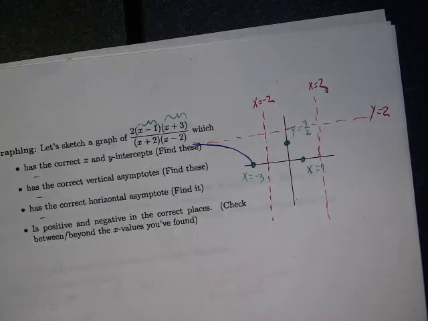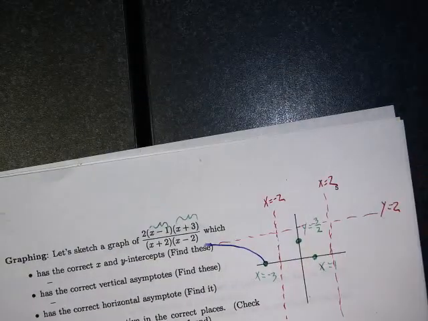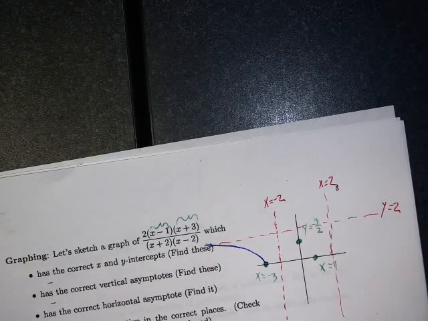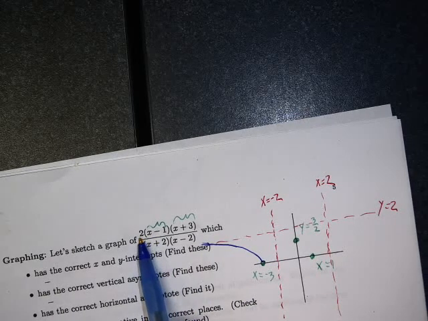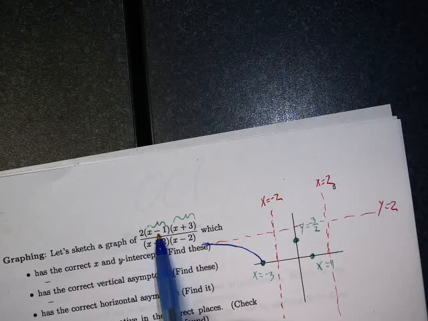What's an x value between negative 3 and negative 2? Negative 2.5. And again, I'll try to do it without doing any actual writing. Try to plug in x equals negative 2.5. Are these pieces positive or negative? 2 is positive. When you plug in negative 2.5, is x minus 1 positive or negative? Negative.